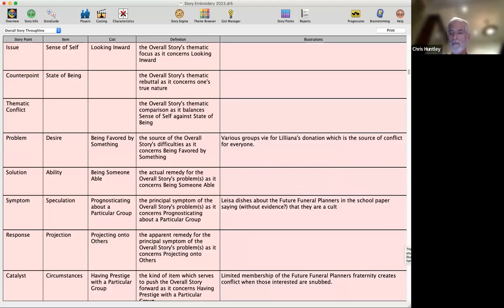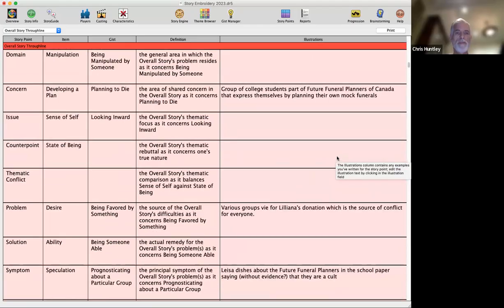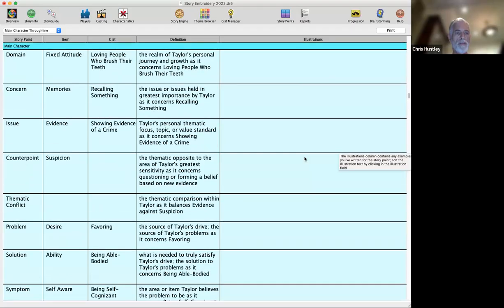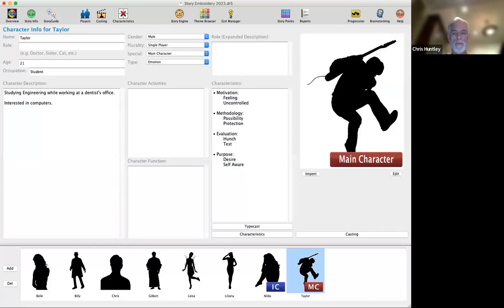And Victoria? It's getting difficult. Let's see if there are maybe some easier ones. Well, in the big picture, we've got Taylor, the main character, who is studying engineering while working at a dentist office, and interested in computers.